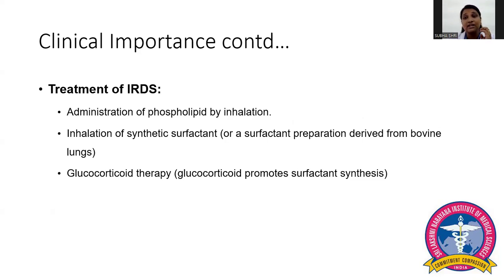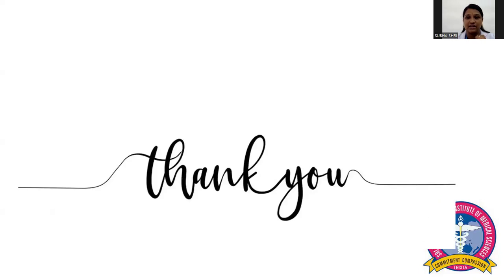If it is an elective premature delivery, we can even give glucocorticoids to the pregnant mother so that they increase surfactant synthesis in the child inside the uterus, thereby preventing infant respiratory distress syndrome. So this is about the clinical importance of surfactant.